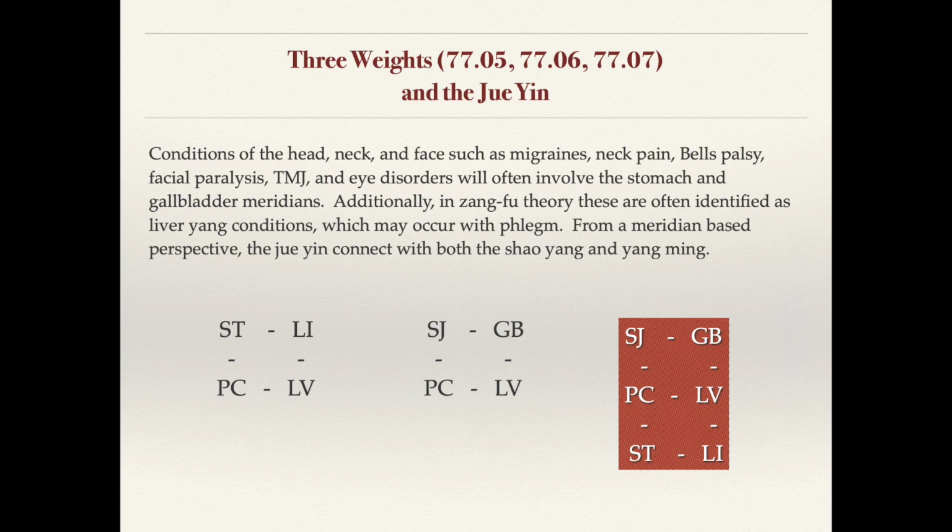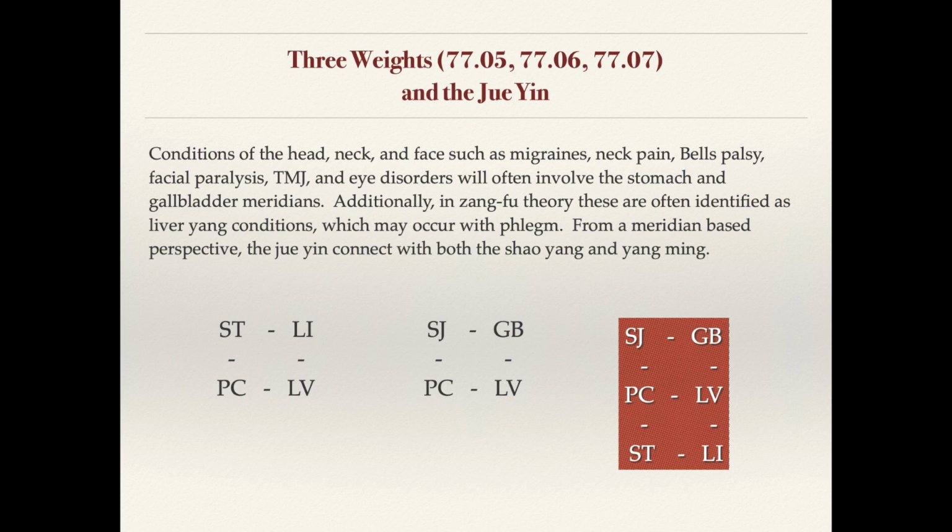So you can see on the right side in the red box that the jue yin connect to both of these, and this is really important to remember because sometimes we can just use pericardium and liver points and address problems in the yang ming as well as in the shao yang, and this is one way to reduce the number of points that you use when you understand these meridian systems.